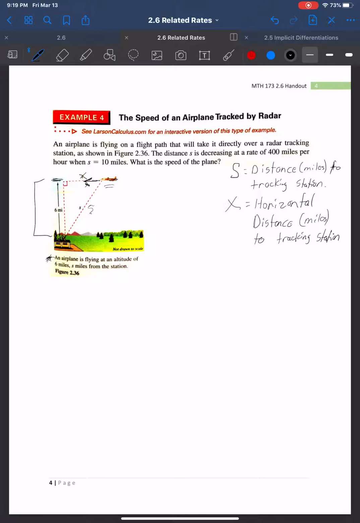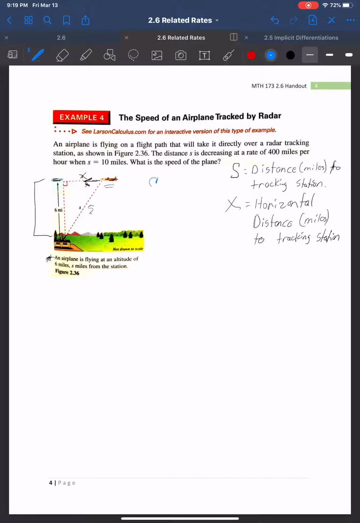Now, the first question that we need to address is how is it that we're going to relate these variables? Well, the picture is quite telling, right? I mean, the right triangle is already drawn. So we immediately know that we're going to be using Pythagorean's theorem in this problem. So let me go ahead and write the relationship here.